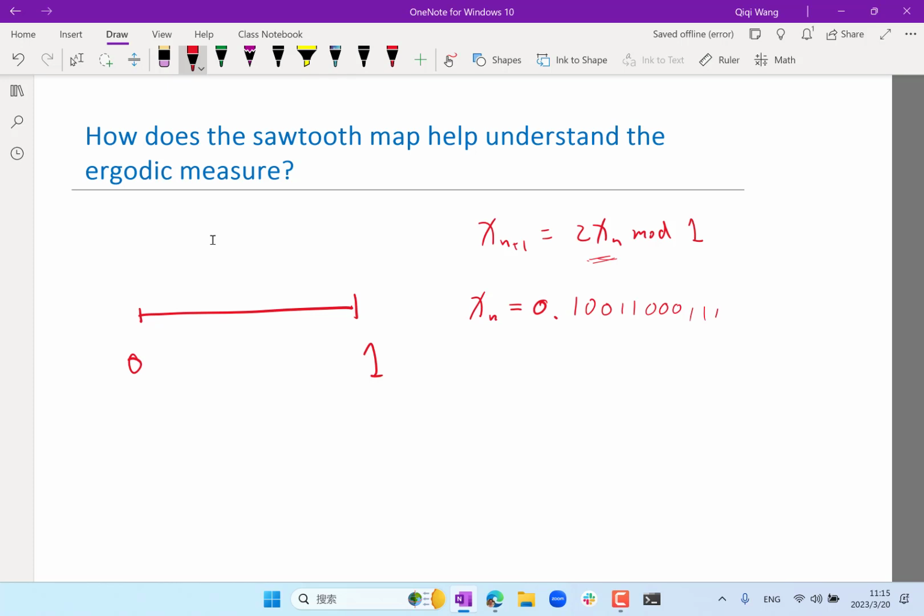Now, when we're talking about a typical trajectory, just pick a random initial condition. How likely is a random initial condition to have a finite number of digits in the binary representation?